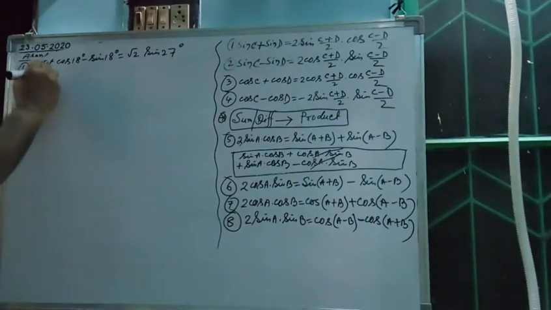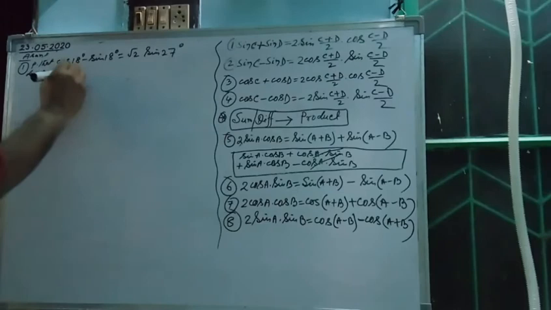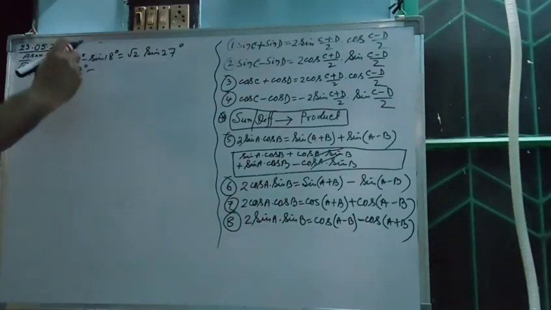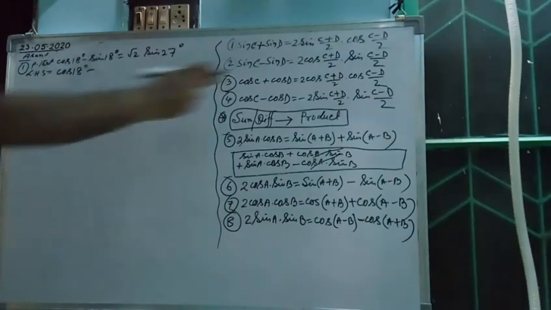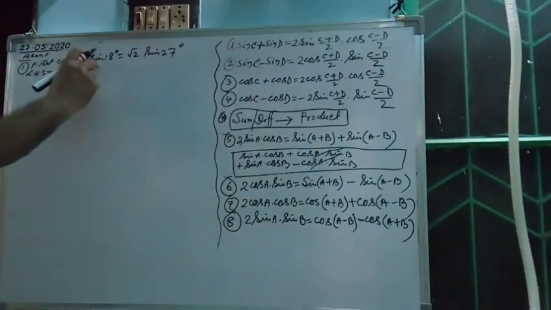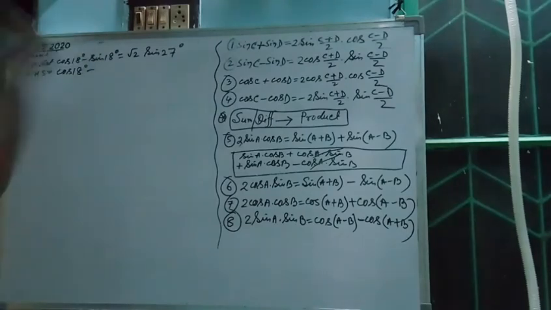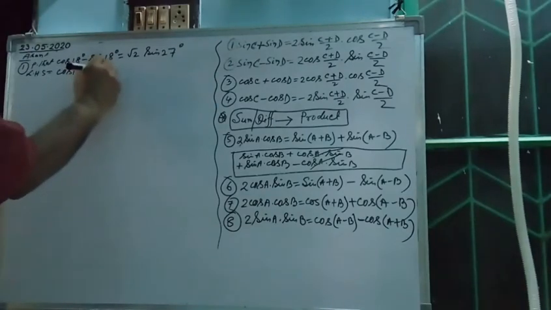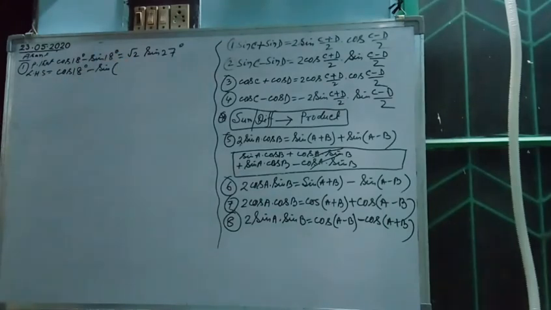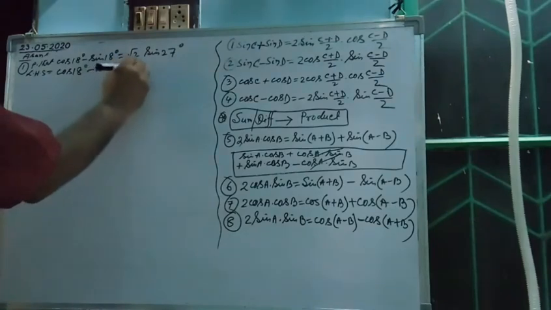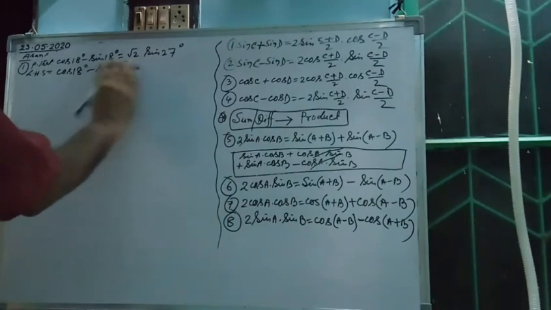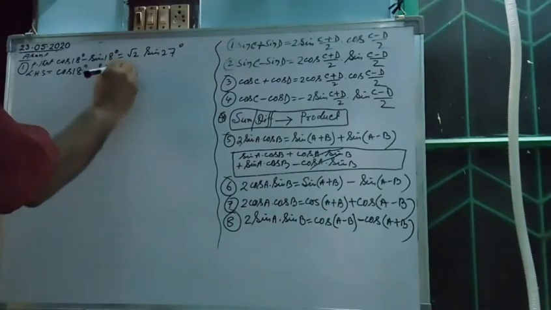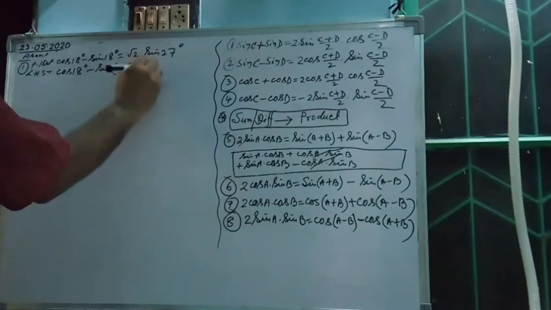We'll start with LHS, that is equal to cos 18 degree minus sin 18 degree. If we take 18 as c, then cos c minus sin c has no formula here; the formula is for cos c minus cos d, so we have to change this into cos. This sin 18 degree can be written as sin (90 degree minus 72 degree).